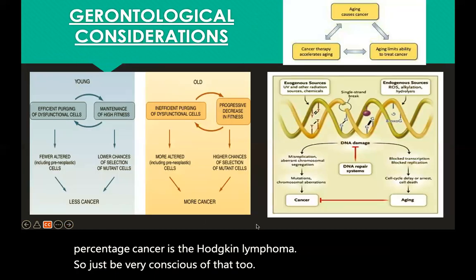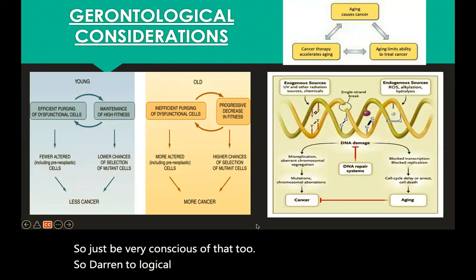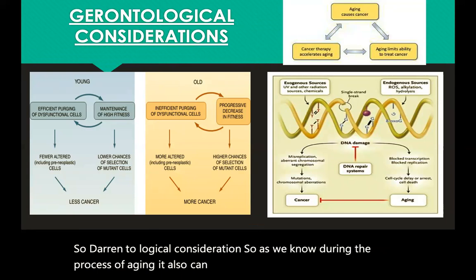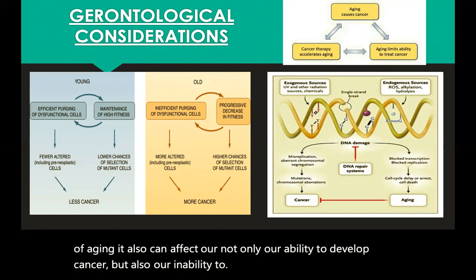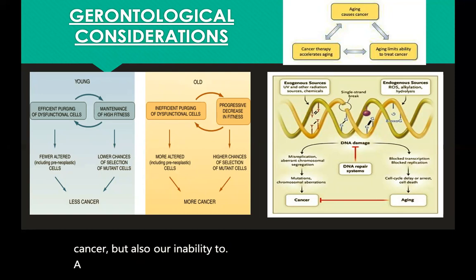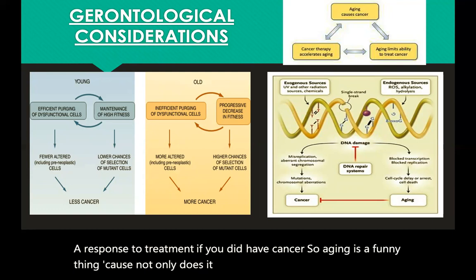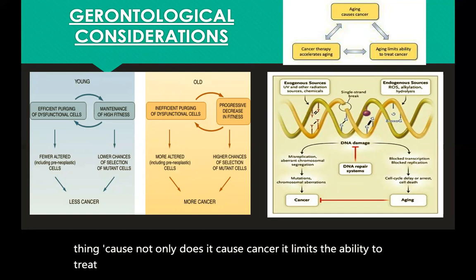Okay, so gerontological considerations. As we know, the process of aging can affect not only our ability to develop cancer, but also our ability to respond to treatment if we did have cancer. So aging is a funny thing because not only does it cause cancer, it limits the ability to treat cancer. And keep in mind also that cancer therapy accelerates aging.